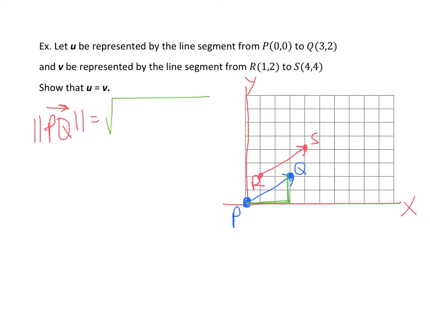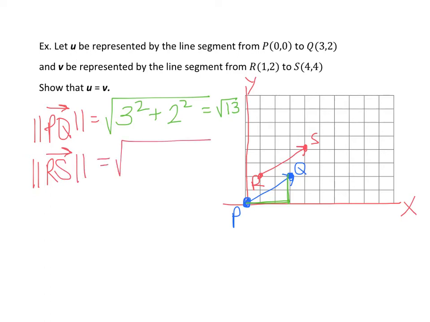So it's going to be the square root of my two legs squared, added together, 3 squared plus 2 squared. 9 and 4 is 13, so this is the square root of 13. Then if I go for the magnitude of vector RS, then I have the square root of, if I look at its triangle, 1, 2, 3, and 2. So 3 squared plus 2 squared, so the same answer, square root 13.